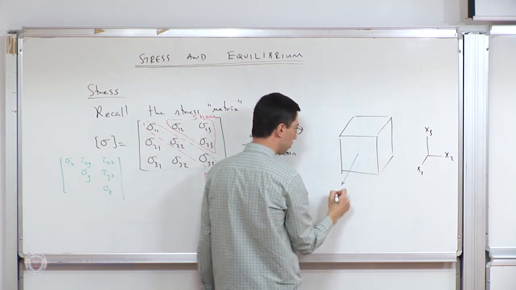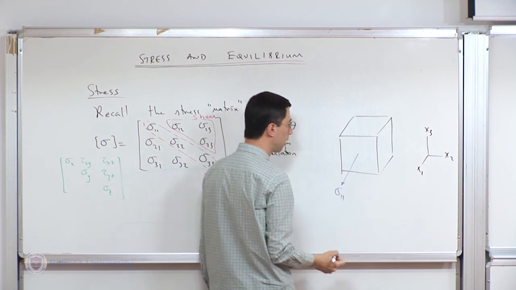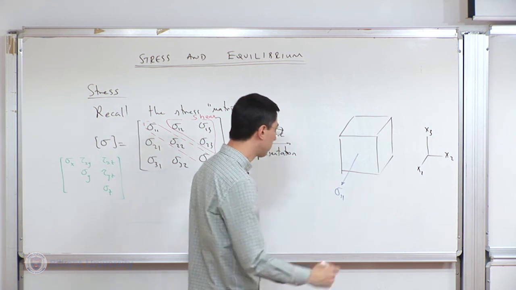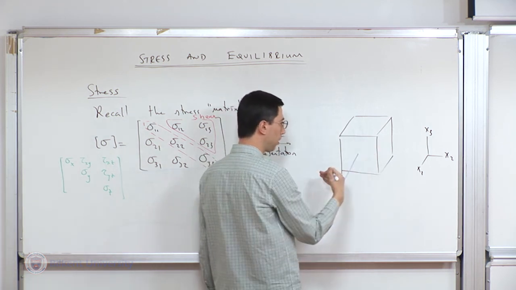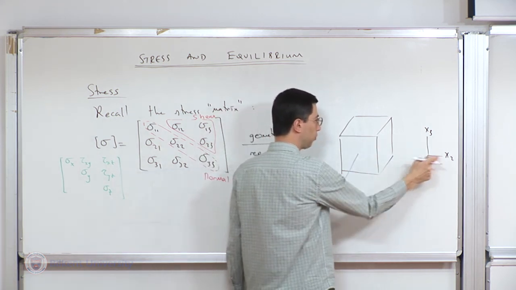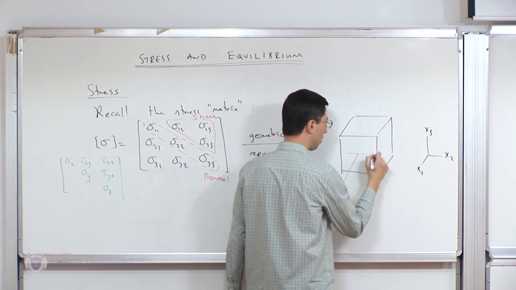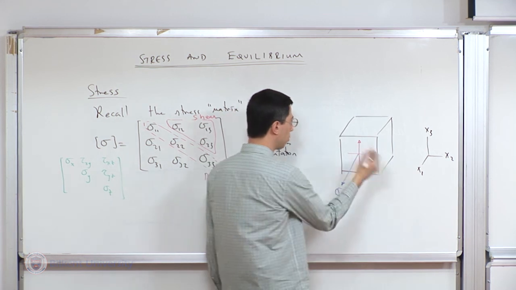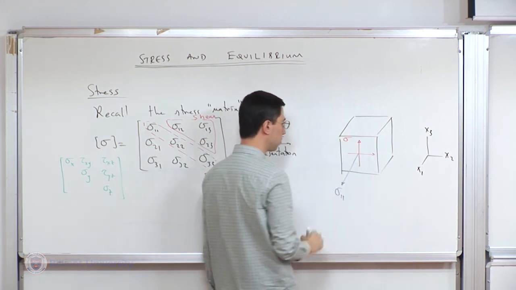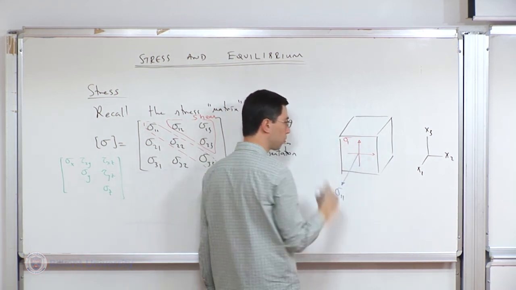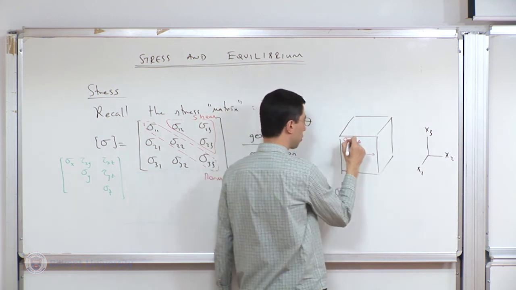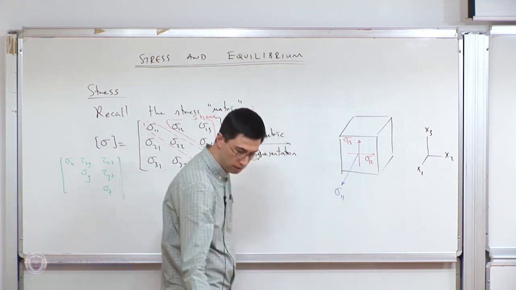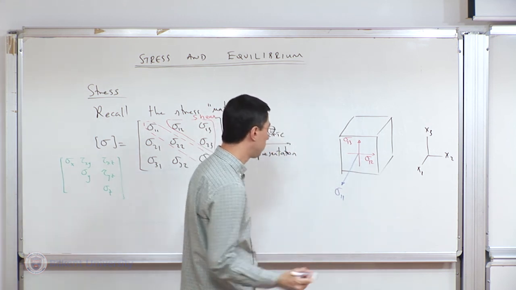So the normal stress is going to be 1,1. Okay? And now on that surface, on the other hand, there are other components of the stress, the shear ones. I'm on the plane with normal 1. And there are two directions, 2 and 3. So by default, the positive directions are these. And so I write the shear stress, sigma. I'm on the plane with normal 1, so I put 1 first, and then in the direction 3. Okay, and here it's 1,2. Okay, right, so that's always the argument.